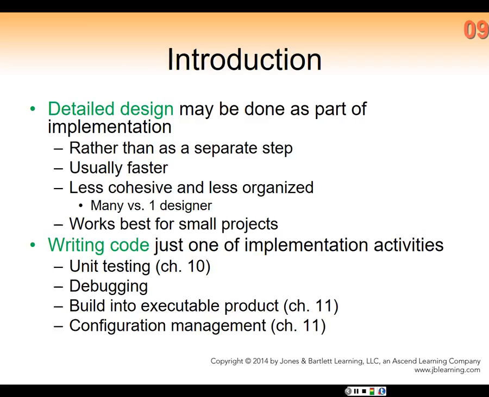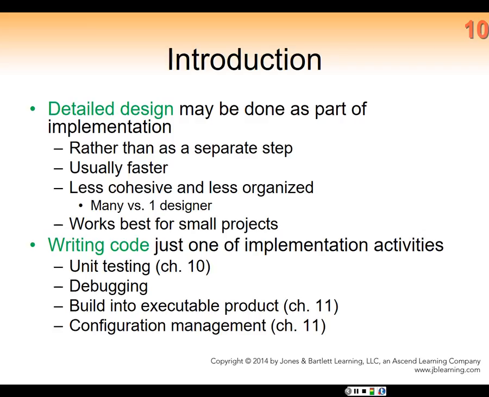Writing code is one of the implementation activities, but it's not the only one. We have to do unit testing. Unit testing is almost always the responsibility of the individual software developer. And what I mean by unit testing at this point is you test a method, you test a class. Testing a class really means you're testing all methods within a class.